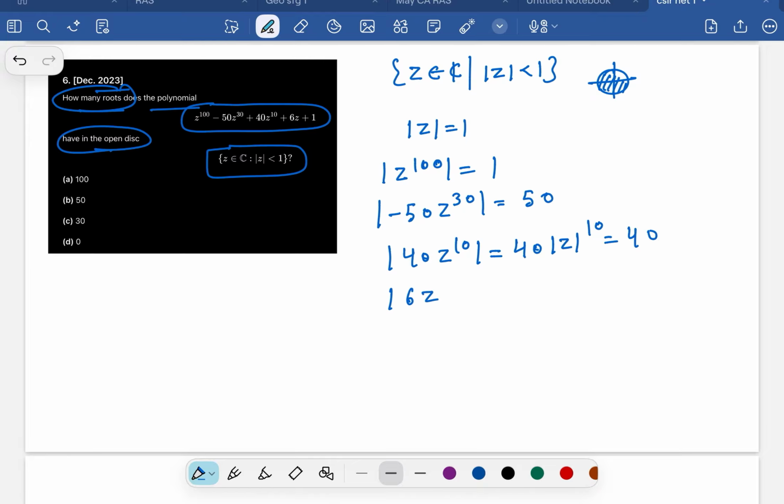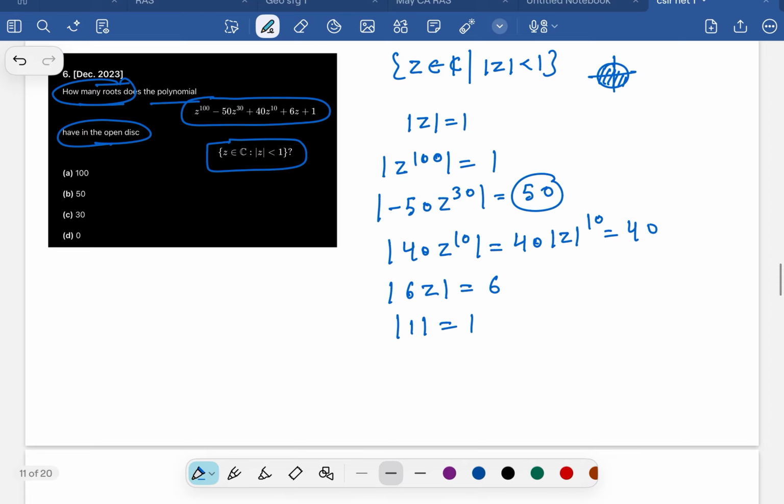Mod 6z is equal to just 6. Mod 1 is equal to 1. Now out of all these terms, which one is the largest term? You can clearly see 50 is the largest term.